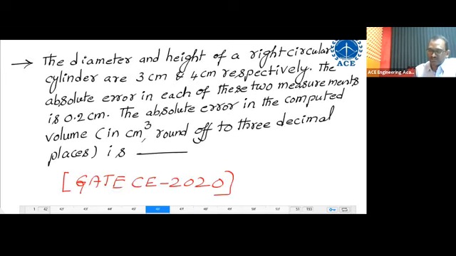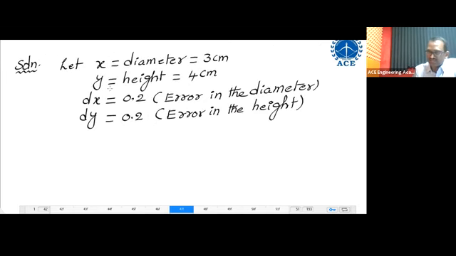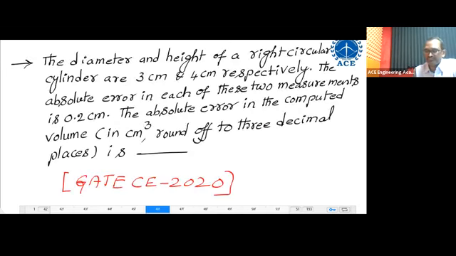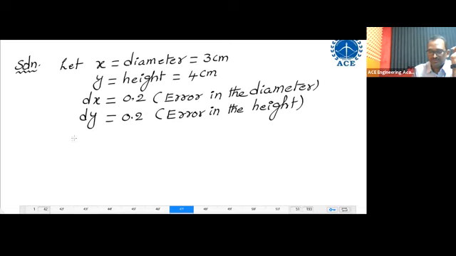Now you are asked, till now I have written the given data only. The absolute error in the computed volume. First the volume formula, next the absolute error in the volume.